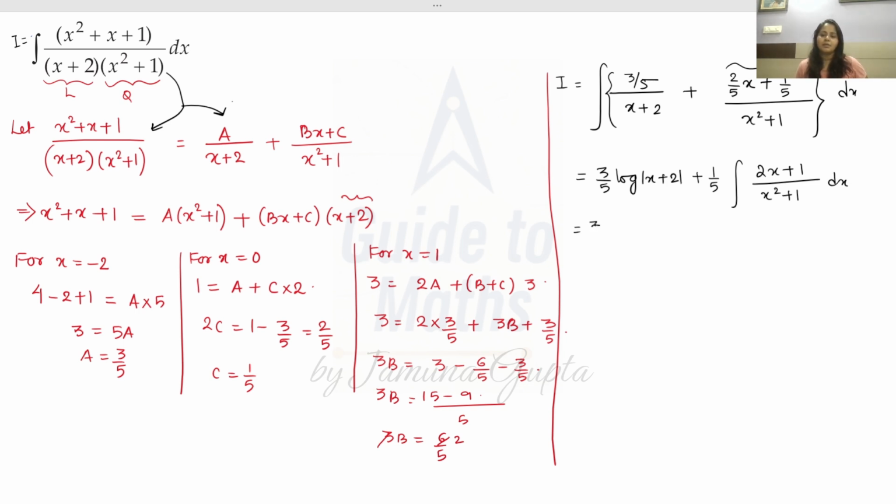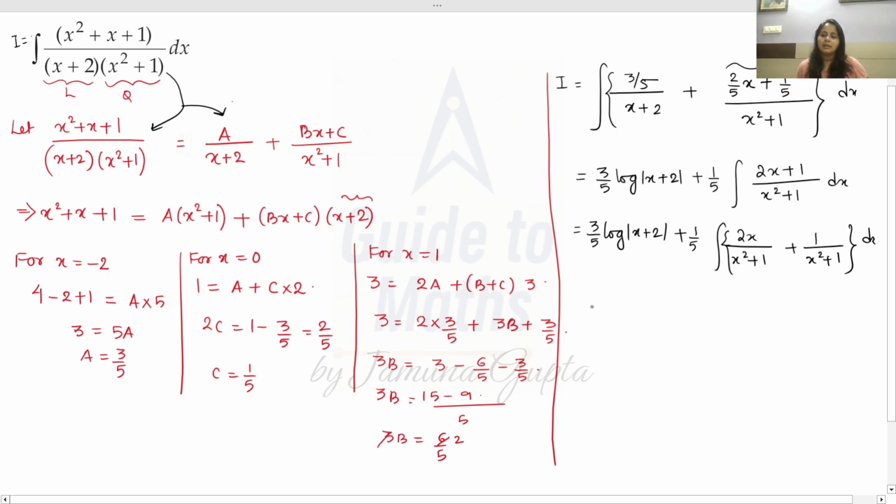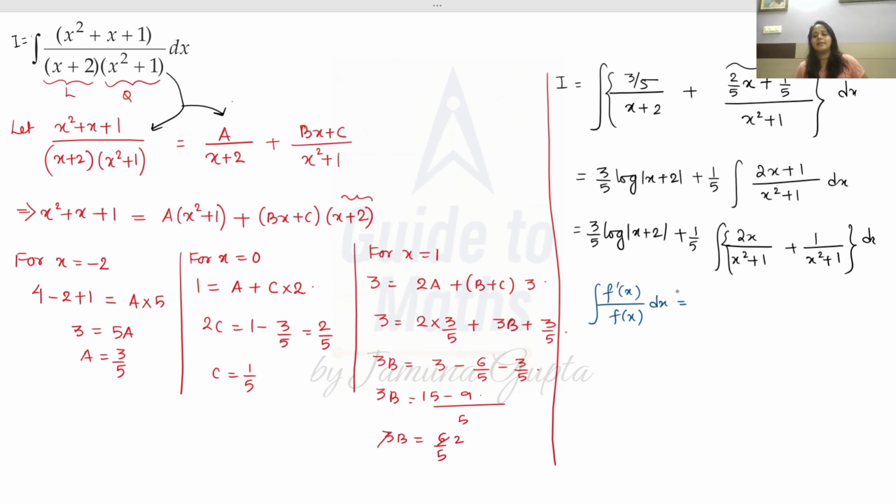Now since you know most of the part of the integration, we can split this into 2x by x square plus 1 plus 1 by x square plus 1, whole dx. Now note down, if ever you have integration of f dash of x by f of x, that means there is a function in the denominator and its derivative is in the numerator, then you are going to take it as log of f x plus c.